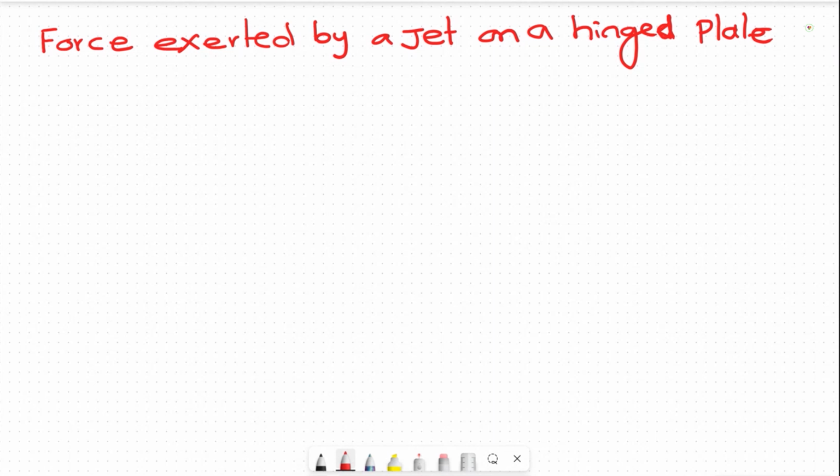The meaning is, for example, there is a plate like this. All the previous examples which we have done are such that they're all fixed. Now, in today's class, we are doing a problem related to a hinged plate. So, this is your plate. It is hinged at the top.